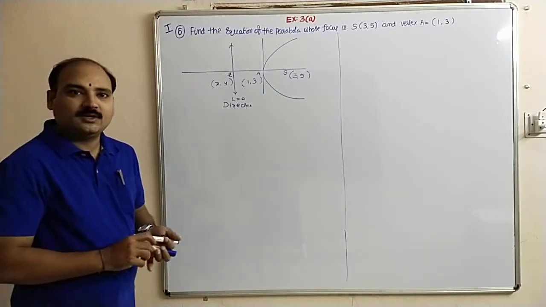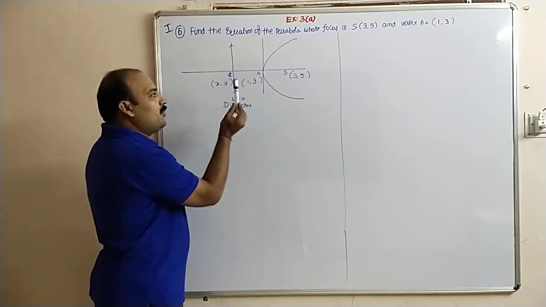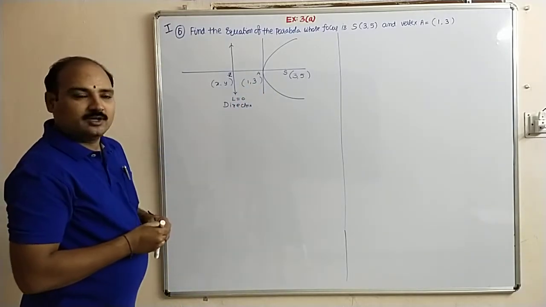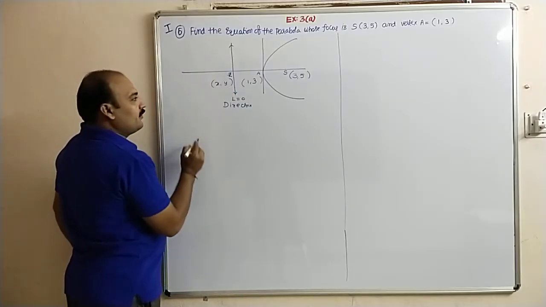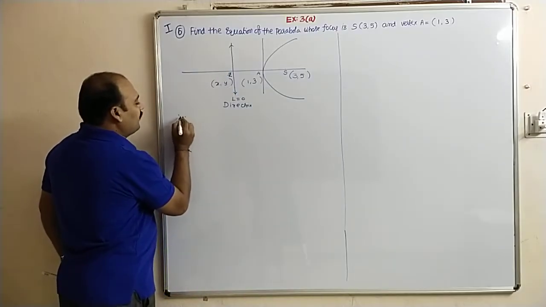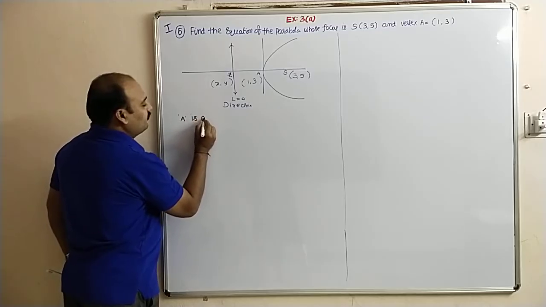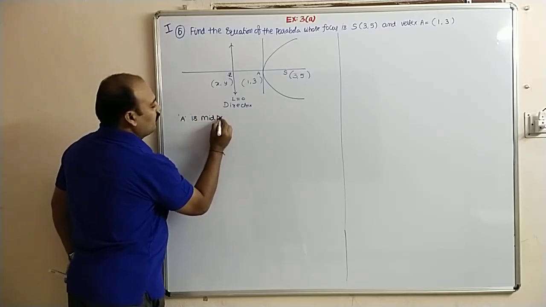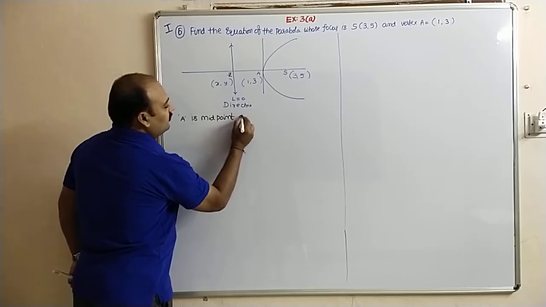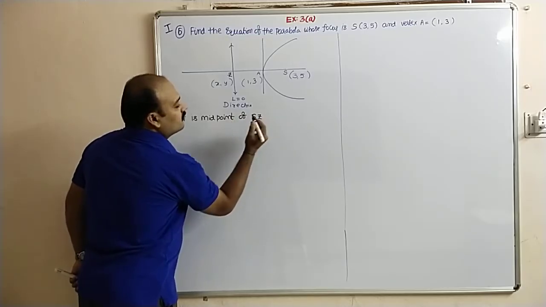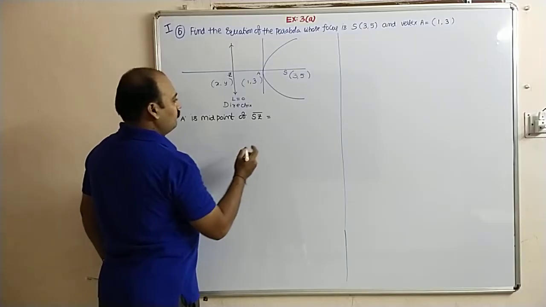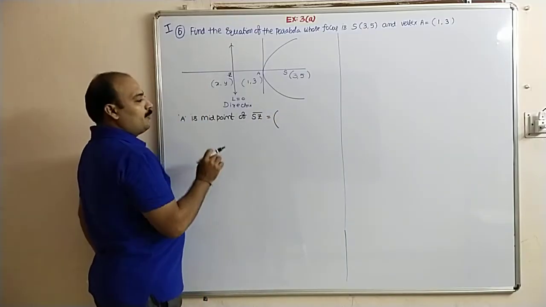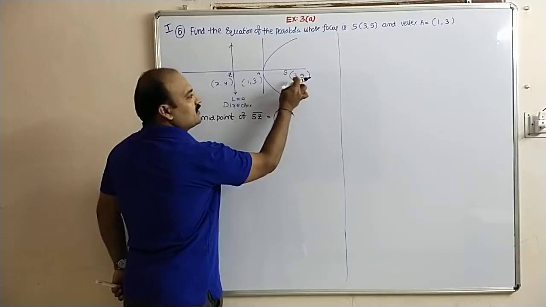We know that A is the midpoint of SZ. So, let the coordinates of Z be x, y. A is the midpoint of SZ, which is equal to, midpoint of SZ, x1 plus x2 by 2.